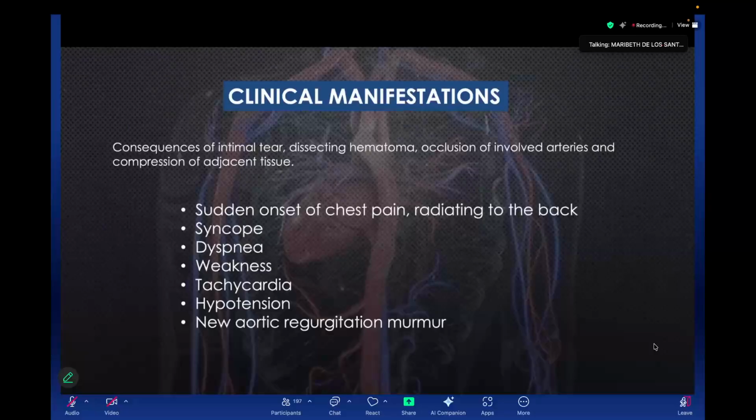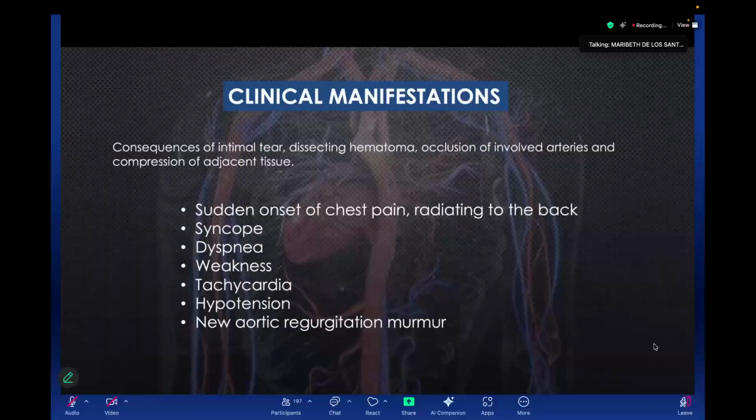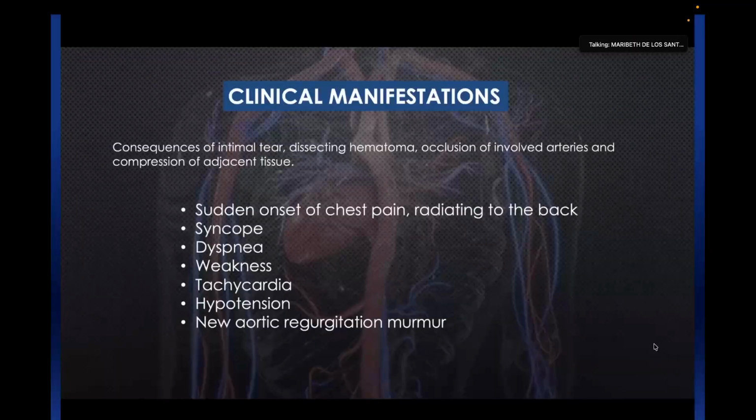Now, what are the clinical manifestations of aortic dissection? The characteristic presentation is that of a tearing chest pain that is so severe at its onset. This typically differentiates it from the chest pain of myocardial infarction, wherein there's gradual buildup of pain. But in aortic dissection, at the outset, it's already 10/10.